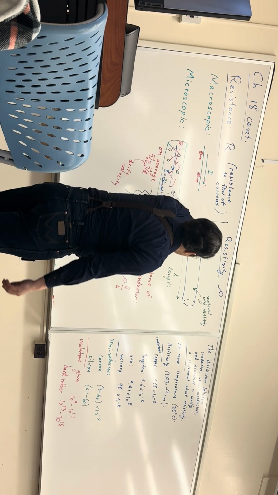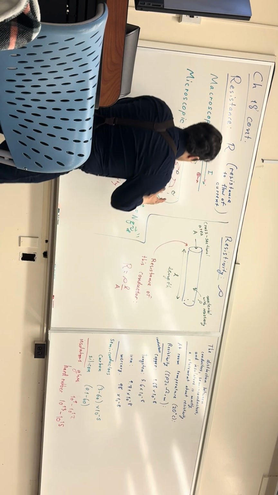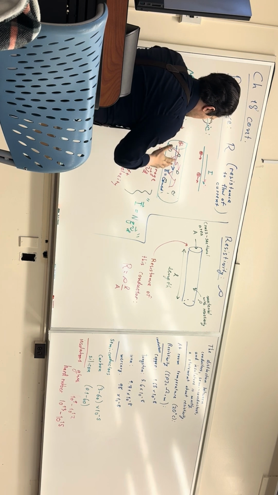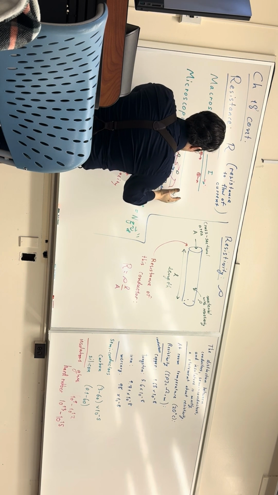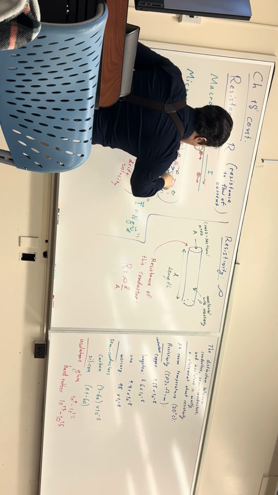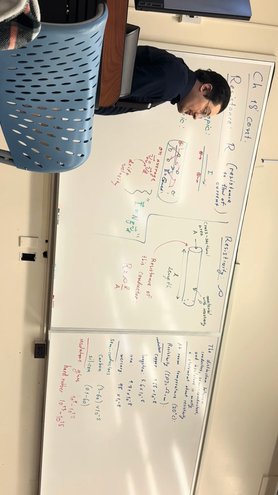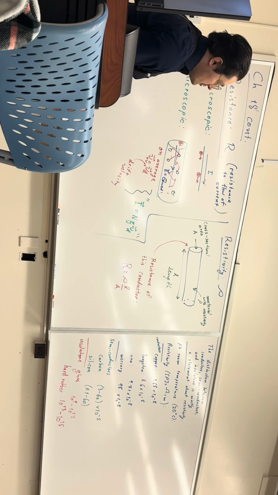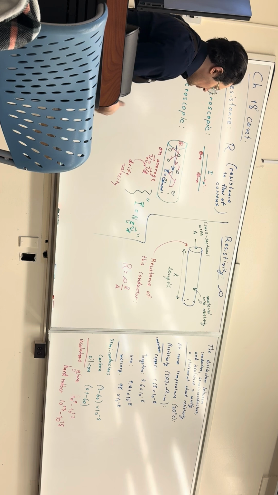Now, given a certain amount of material, if we have a longer amount of material, then these little balls, these charges, are going to make more bounces, which means they'll make more collisions, which means they'll lose more energy as they go from one end to the other.